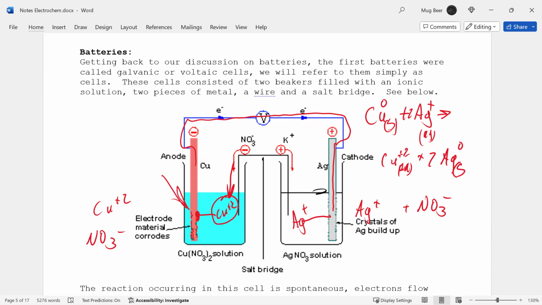So when a +2 comes in, 2 -1s come in. When this +1 leaves and attaches itself to the bar, becomes 0, then a potassium positive charge has to go in to make sure that the charge stays 0 on both sides. So the salt bridge is required to make sure that you have electrical neutrality.